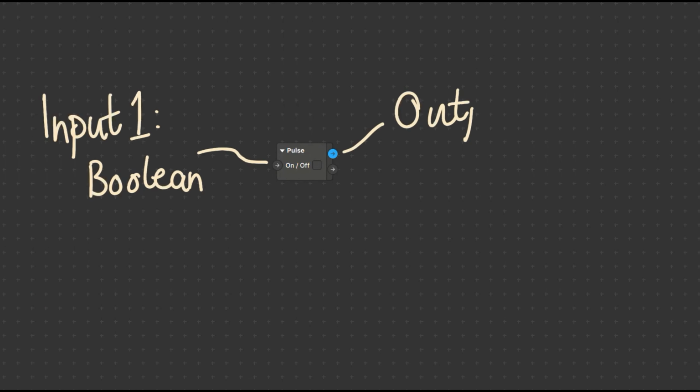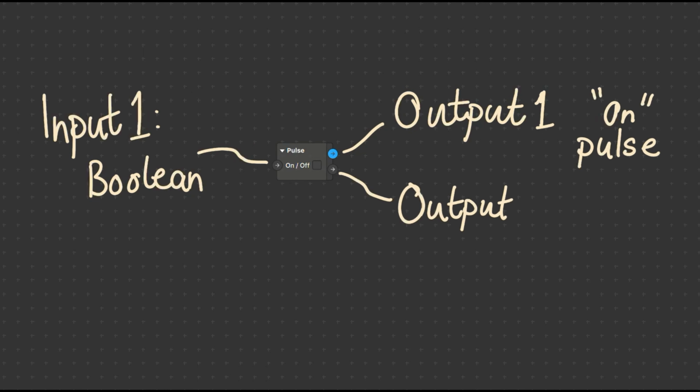The Pulse only has one input and two outputs. Really easy. So the Pulse Patch takes a Boolean input, so that's like an on-off switch. We covered the switch in the previous video, so if you haven't already watched that, please jump back onto the last video after this one and you can get a much more full understanding of what we're talking about here.